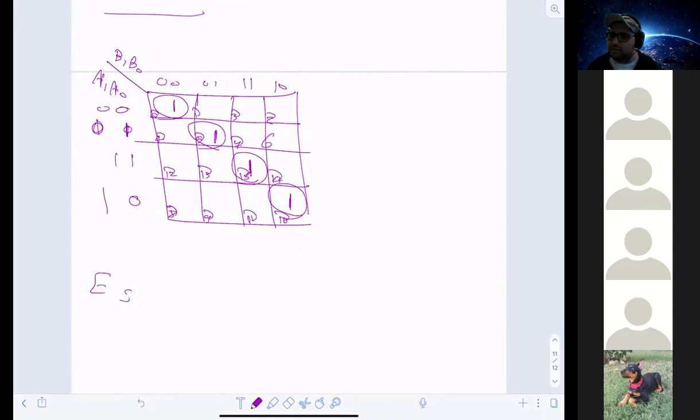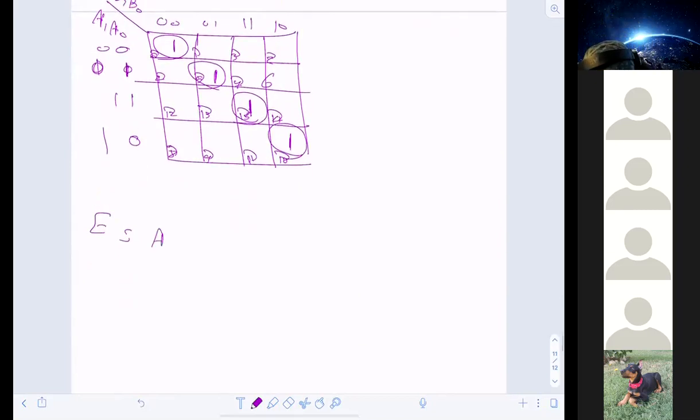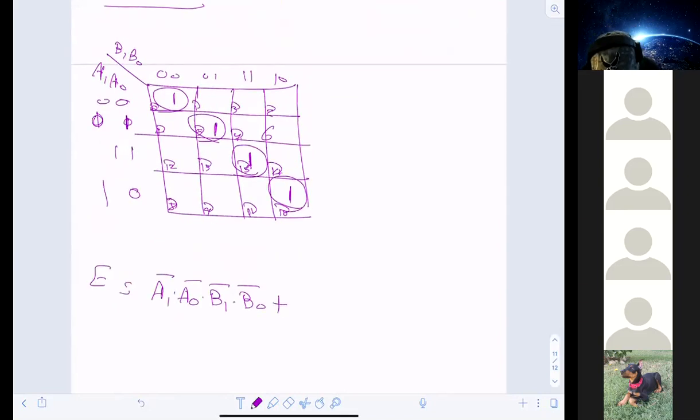They cannot intersect, right? So basically they're going to be A1 complement, A0 complement, B1 complement, B0 complement, OR with what? A1 complement A0 with B1 complement B0.